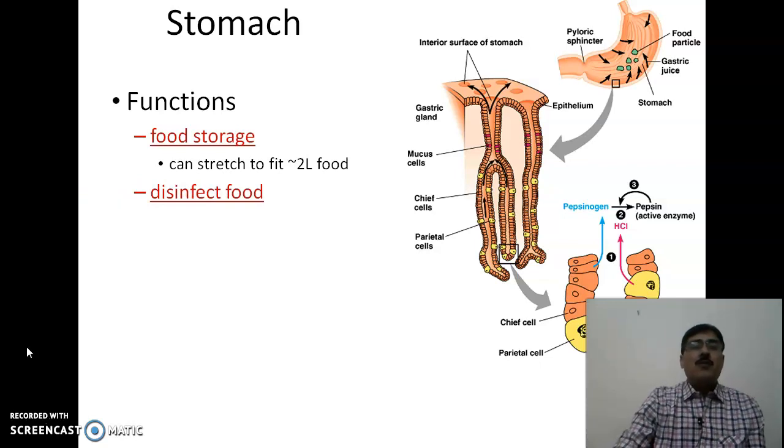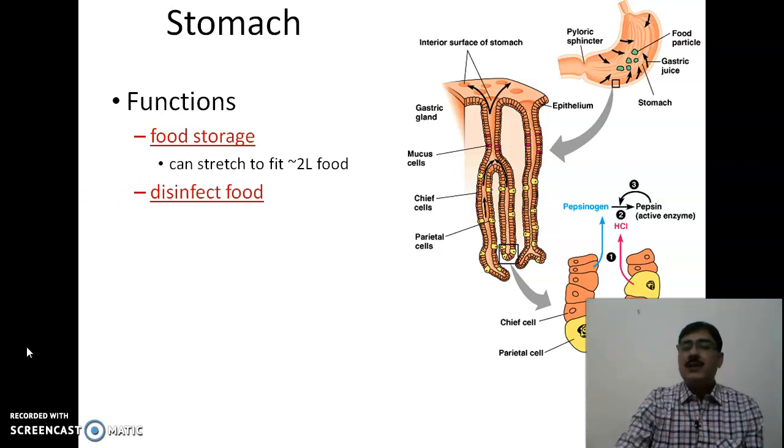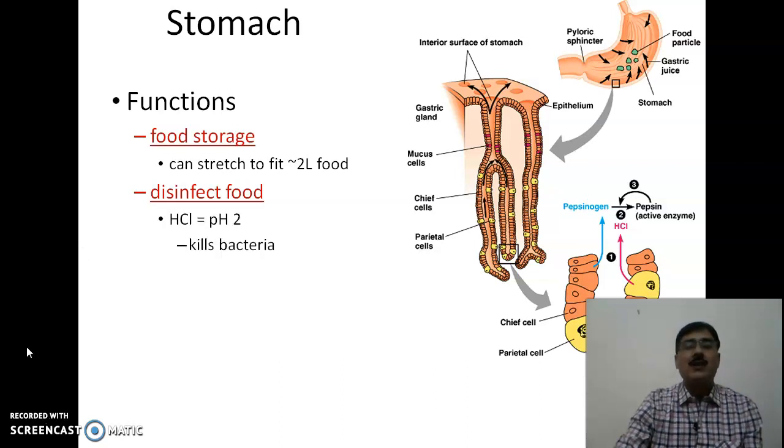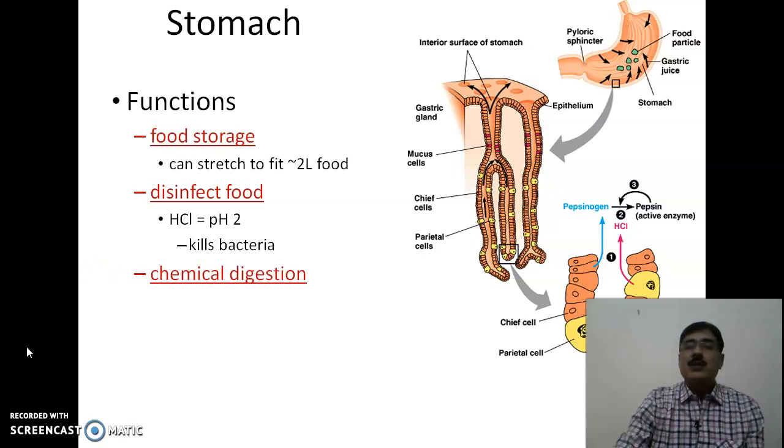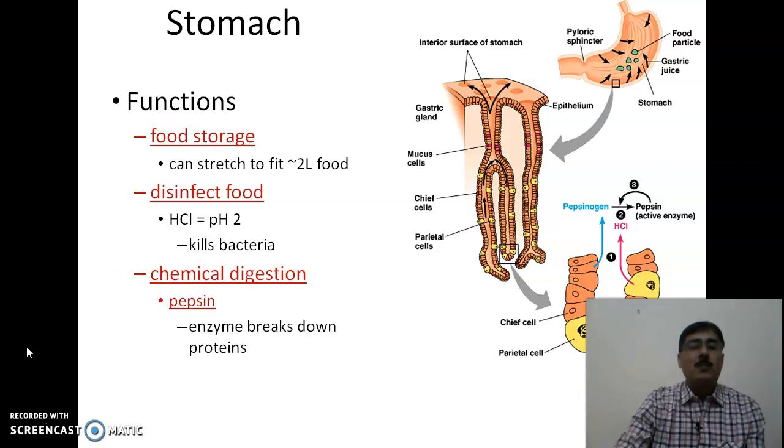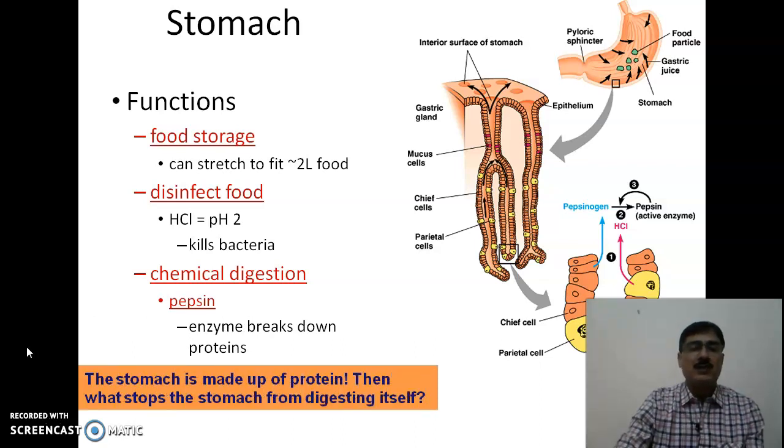It is responsible for disinfecting the food material due to the presence of a high concentration of hydrochloric acid with a pH of approximately 2. It is responsible for chemical digestion due to the presence of certain enzymes. First one is the proteolytic enzyme pepsin, which breaks down the protein. Now here a question arises, why is the stomach, which is made up of protein, not digested?